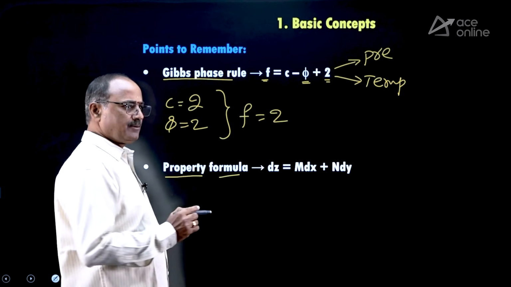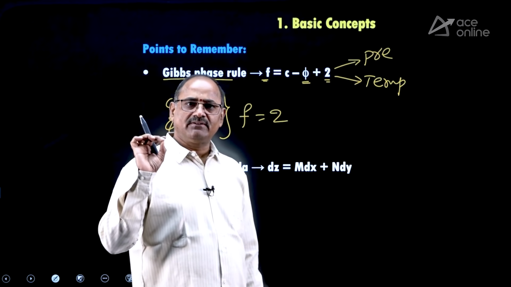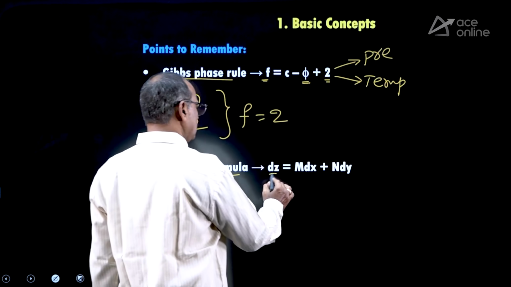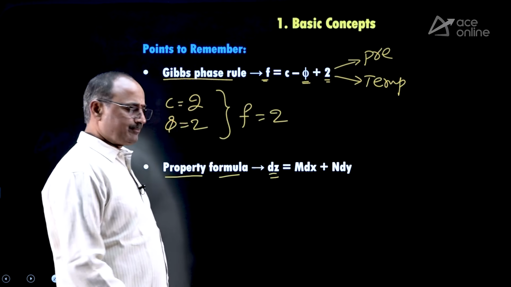For deciding whether the given quantity is a property or not, we have a rule, that is dz equal to M dx plus N dy.